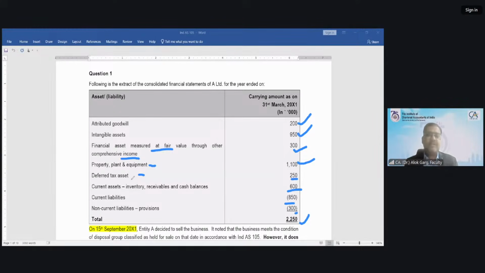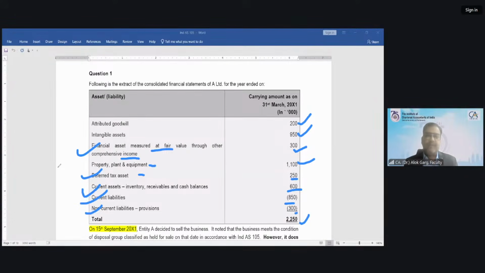Current assets and liabilities are also not within the purview of Ind AS 105 from the measurement perspective, correct? They have to be remeasured as per their respective standard.